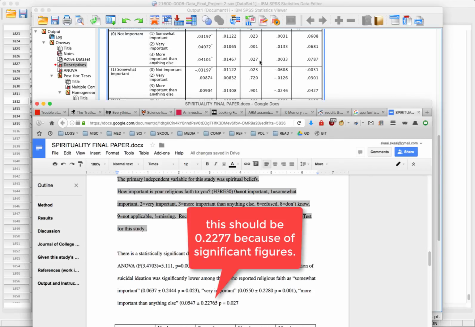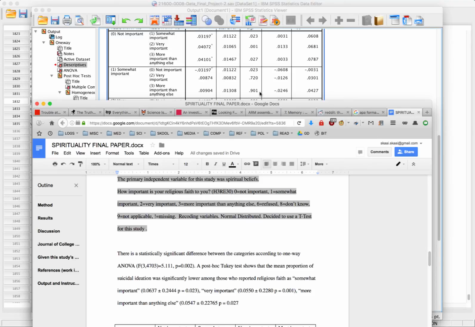Okay, so, oh well, I need to compare it to who I'm comparing it to. So a post hoc Tukey test shows that the mean proportion of suicidal ideation was significantly lower amongst, so we're showing the people who reported lower, okay, than those who reported religious faith as not important.